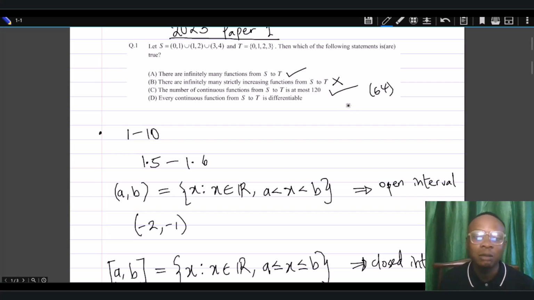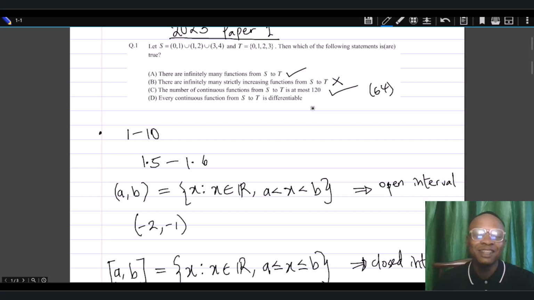So that is that about that. There are 64 possible continuous functions that go from S to T, and 64 is not exceeding 120. So this is simply saying the number of continuous functions that go from S to T does not exceed 120. Yes, that is true. So this statement C is true, therefore.